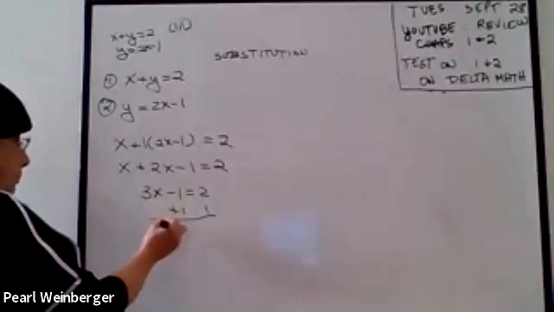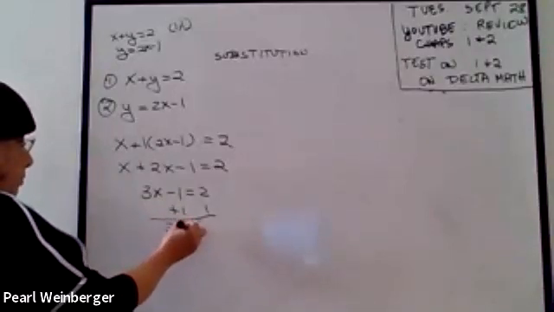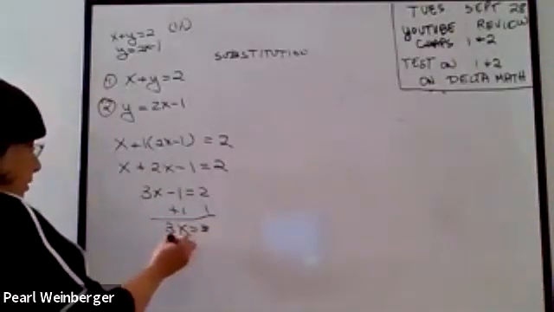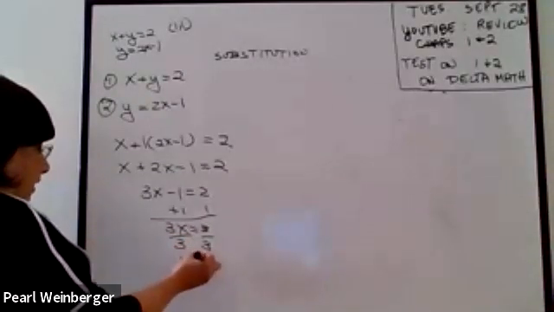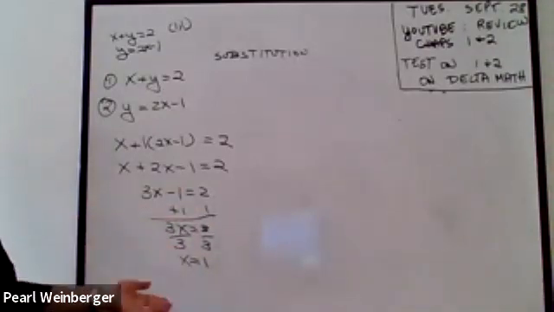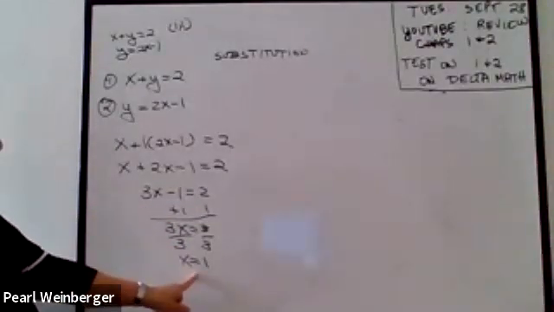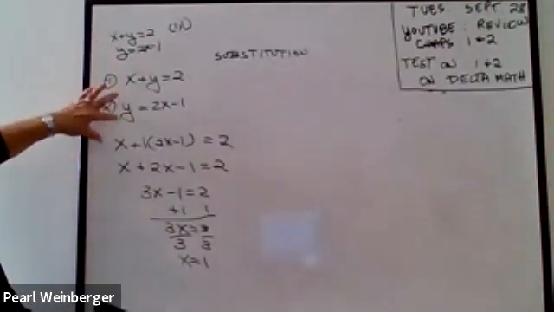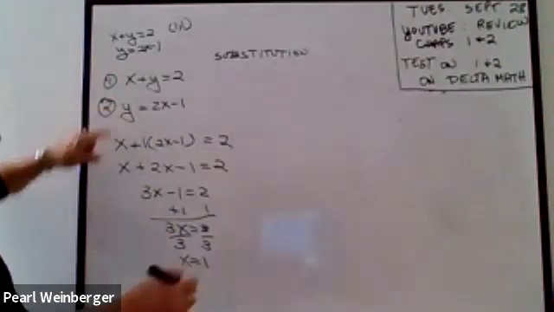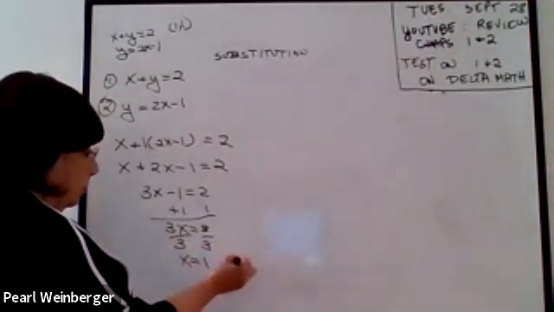And adding 1 to both sides will give me 3x equaling 3. And then finishing this equation, I get x equal to 1, because 3 divided by 3 is 1. I found out that the x value in this system of equations should be equal to 1. To find out what the y is, I can use either one of the equations. I'm going to use the second one because it tells me what y is.